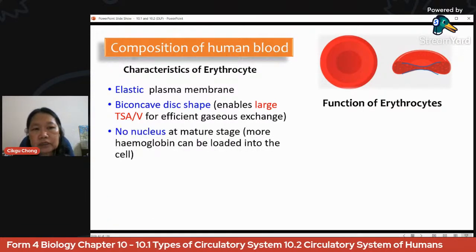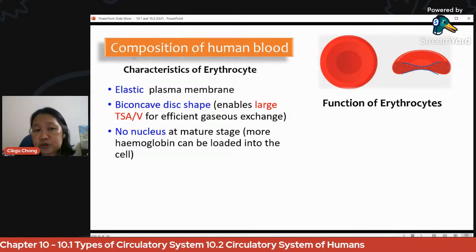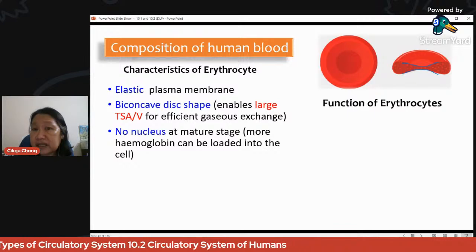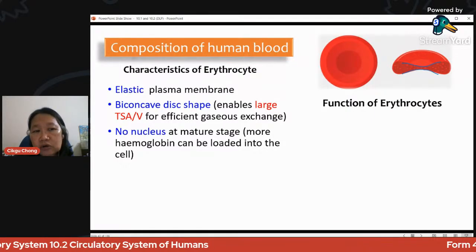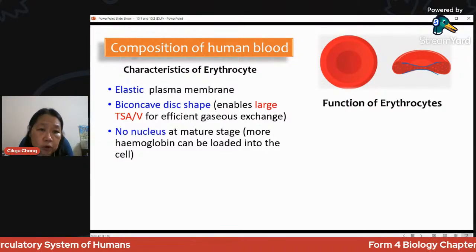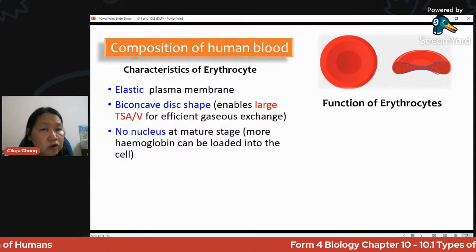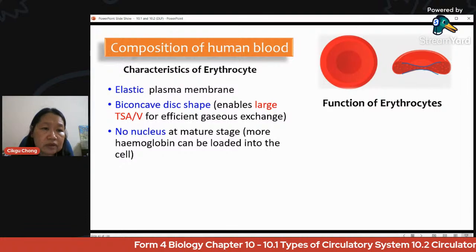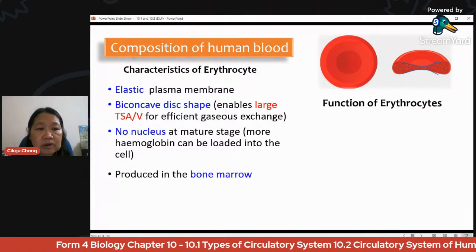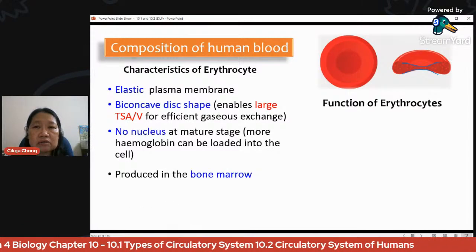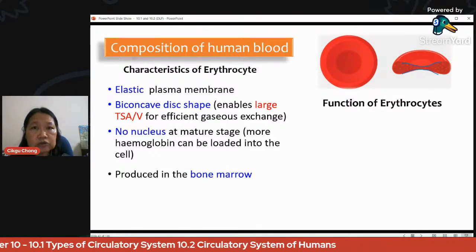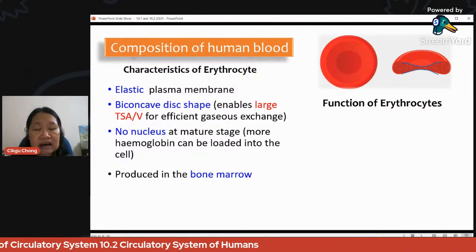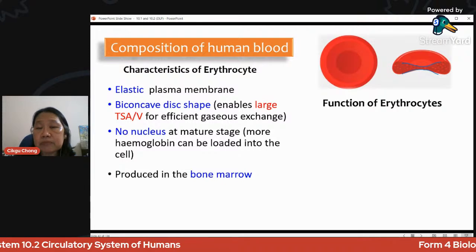Okay, then no nucleus at the mature stage. And this is good also, because if there's no nucleus, then you can carry more hemoglobin. And when you carry more hemoglobin, that means you can bind with more oxygen, can carry more oxygen. No nucleus is not a problem because they do not carry out cell division in the blood to produce new cells. The cell division is carried out in the bone marrow.